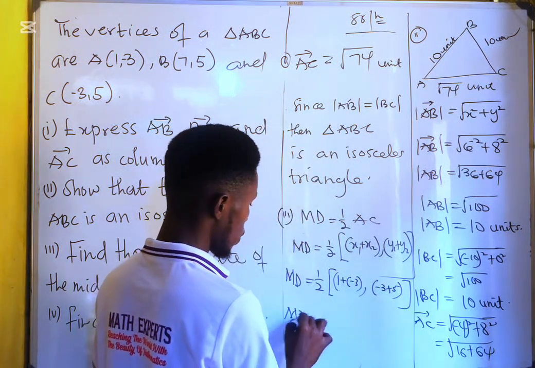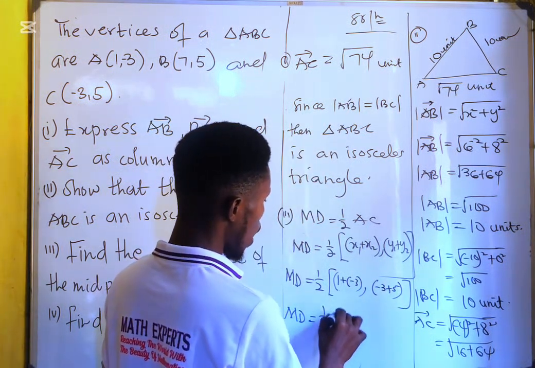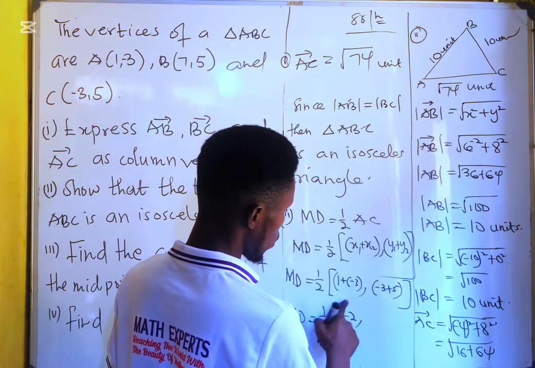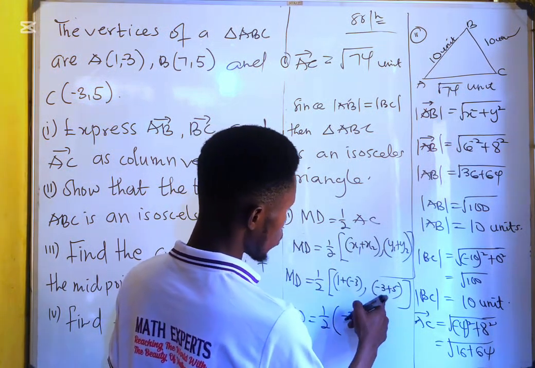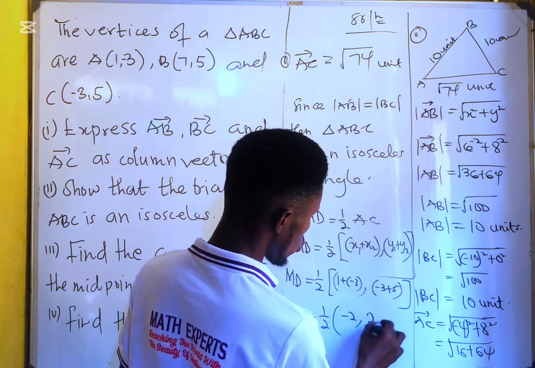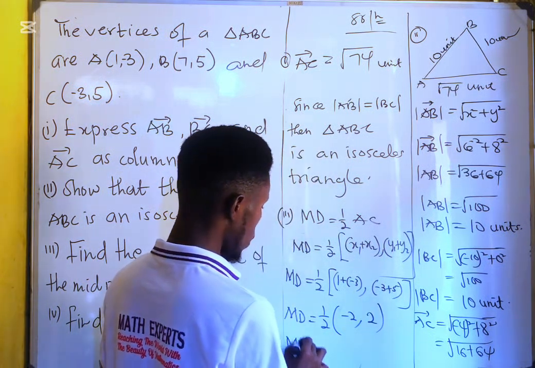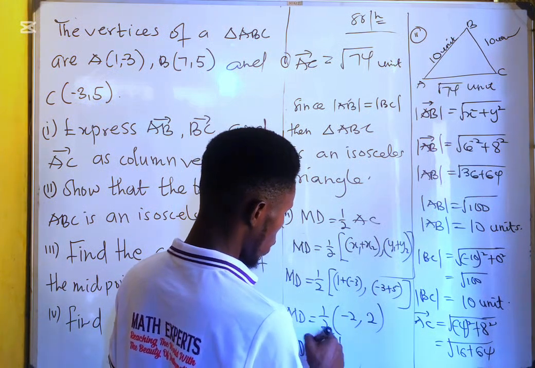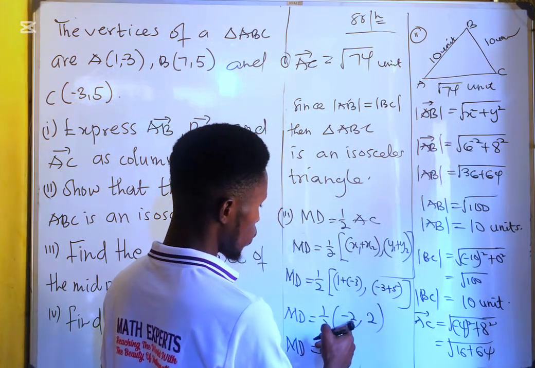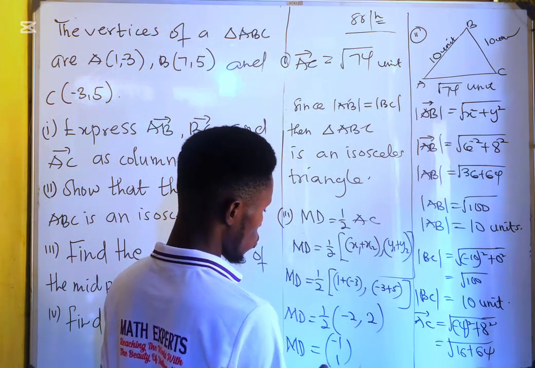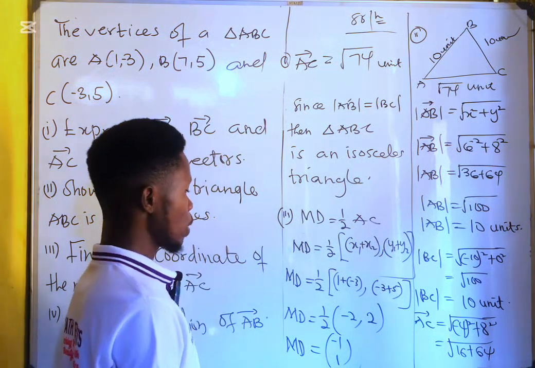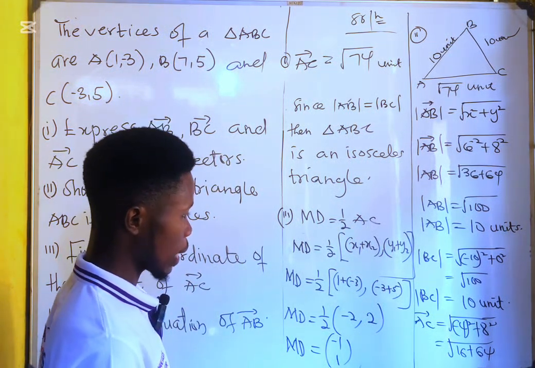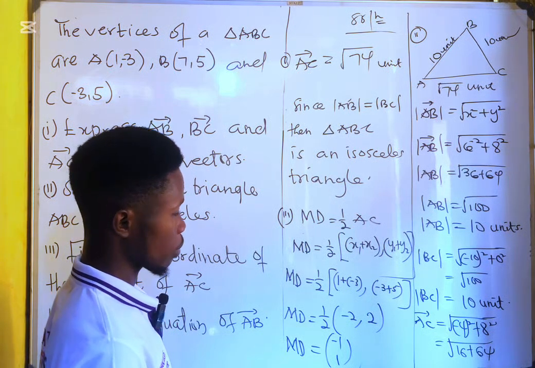So half of this will give us negative 2, and this will give us 2. So the midpoint will be negative 1, 1. Half of negative 2 is negative 1. Half of 2 is 1. So the midpoint of AC is negative 1, positive 1. Is that okay? Very good.